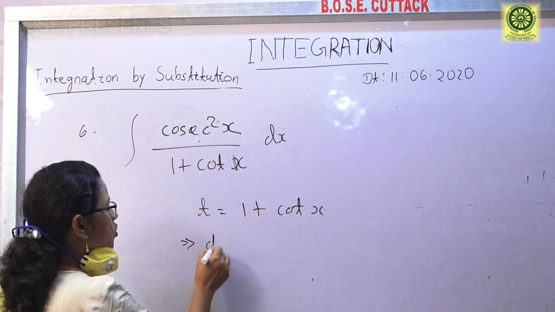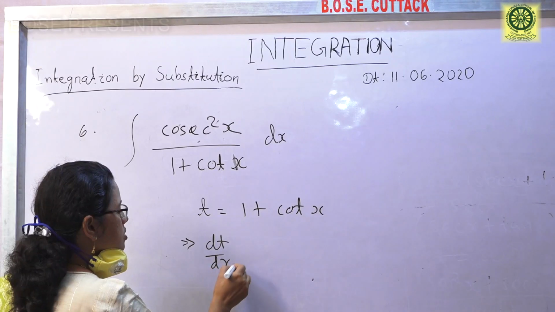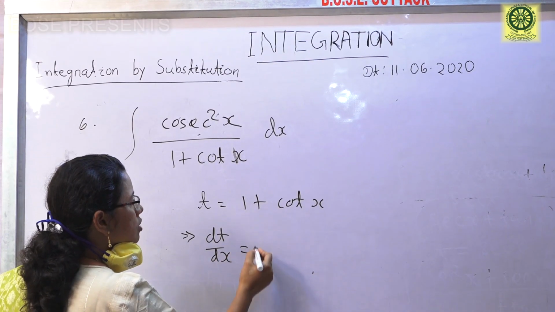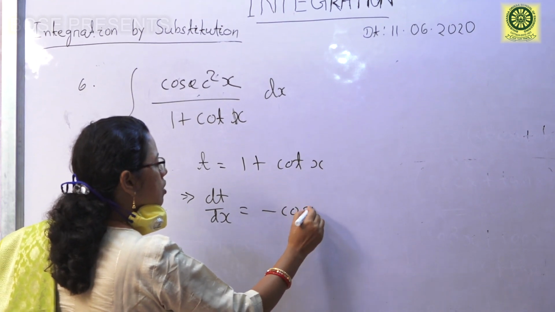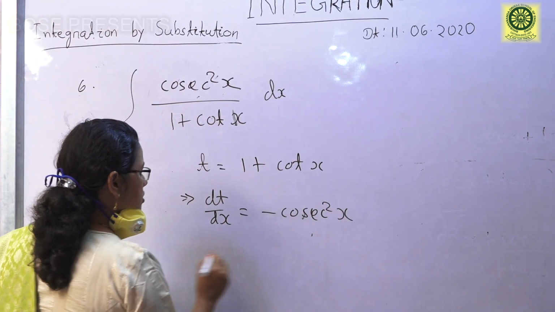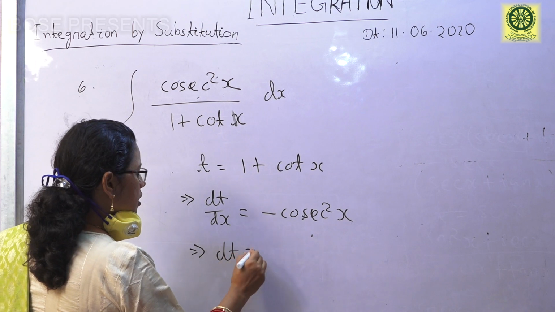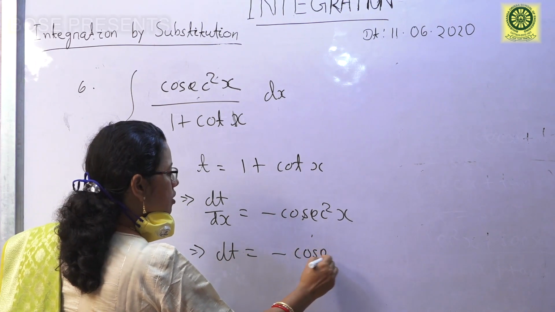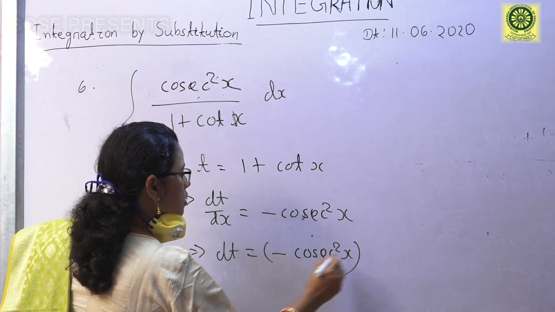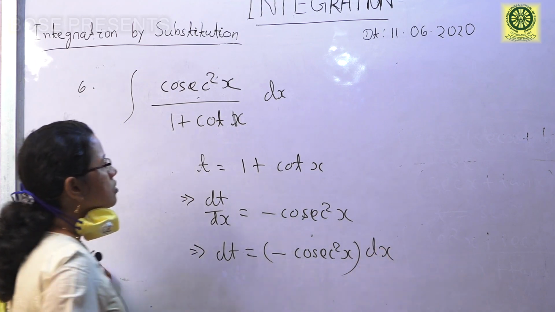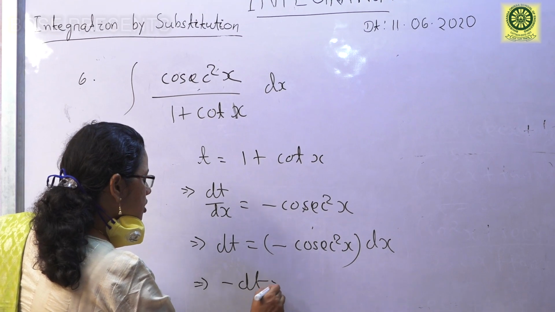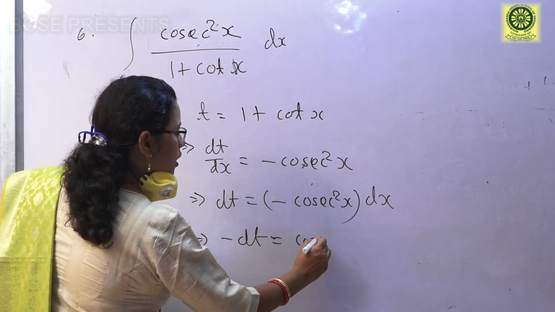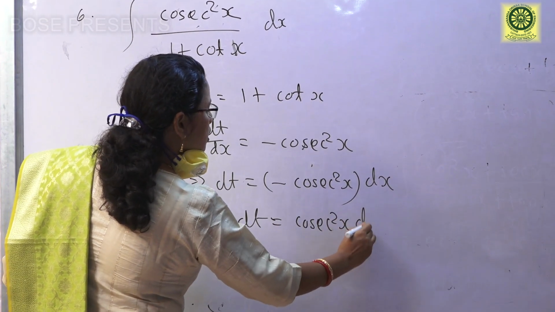Then differentiating both sides with respect to x, the derivative of 1 is 0, the derivative of cot x is minus cosec square x. Then dt is equal to minus cosec square x dx. Okay. And this can also be written as minus dt is equal to cosec square x dx.